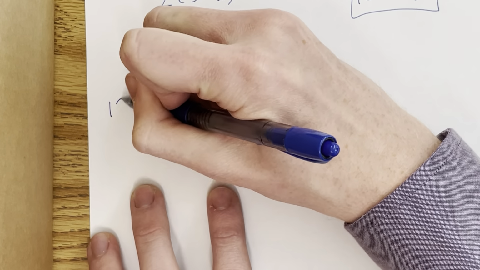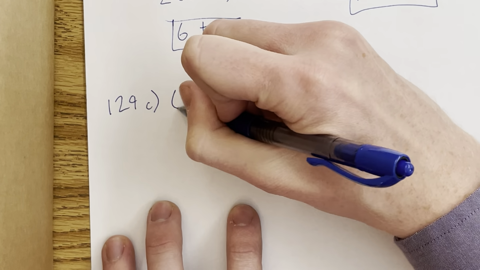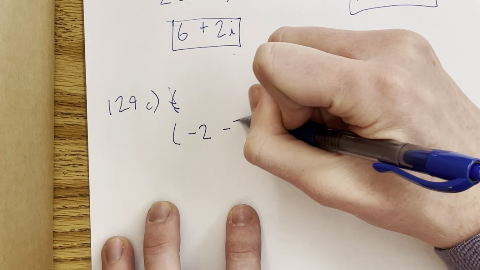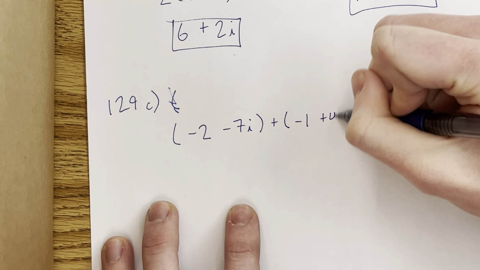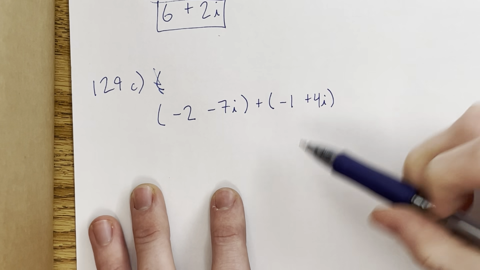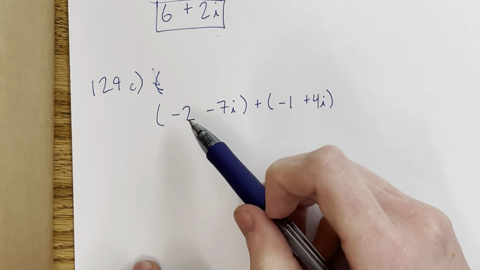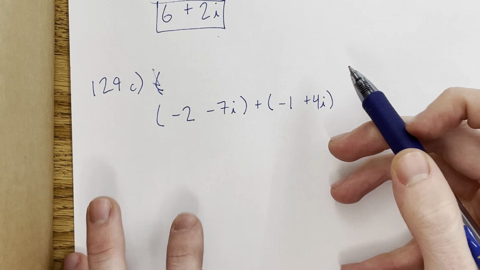Let's do another one, 129c. So here we have, let me draw it a little lower, -2 minus 7i plus -1 plus 4i. So here we're simply just adding. And we're going to add everything together that we can. So -2 plus -1, that's the same as subtracting.